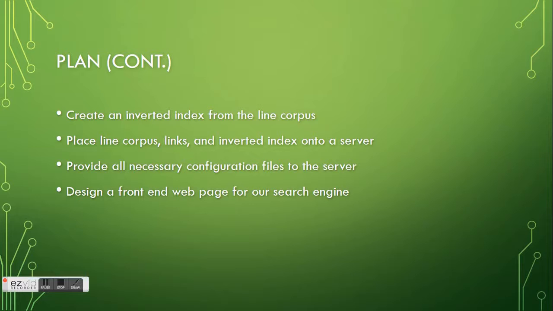Then place the line corpus, all the links that we found, and the inverted index onto a server. Then provide all the necessary configuration files to set up the server and set up the inverted index and the searching that will be performed on our line corpus, and then design a front-end web page for our search engine for the users to use.